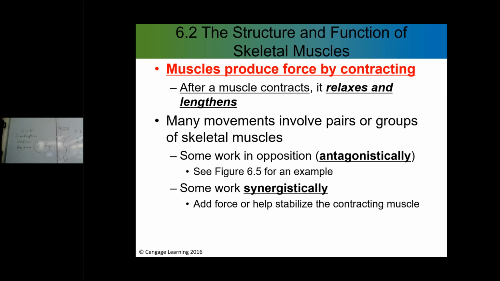So look at these terms here: muscles produce force by contracting. Meaning that if I have some type of load, some type of weight that I'm holding on to or pushing up against, by muscles contracting, I'm able to move that. We get that. That's not hard, we understand that, right?